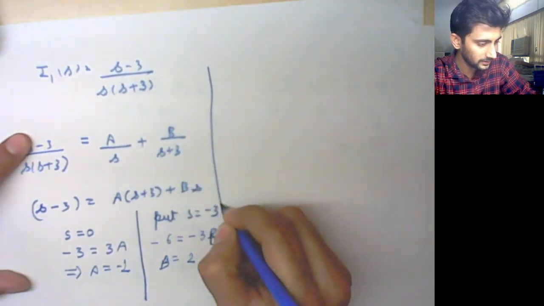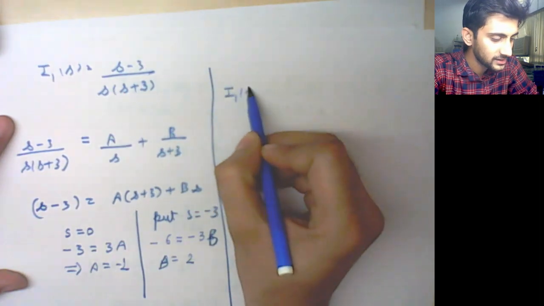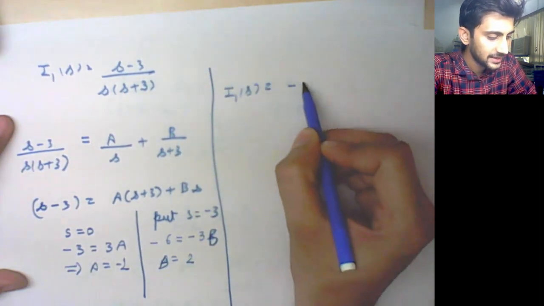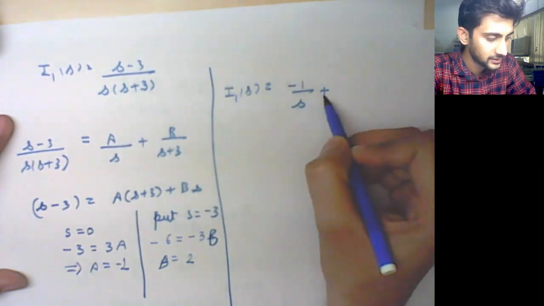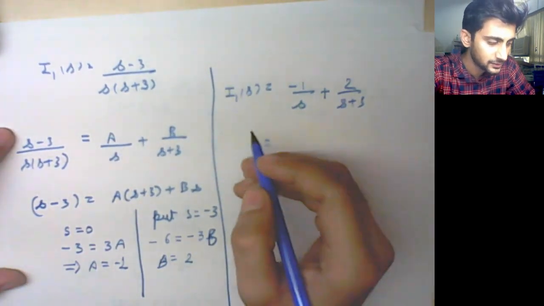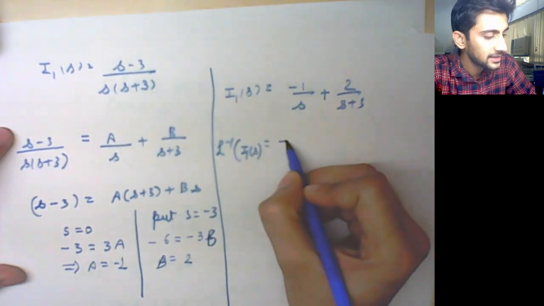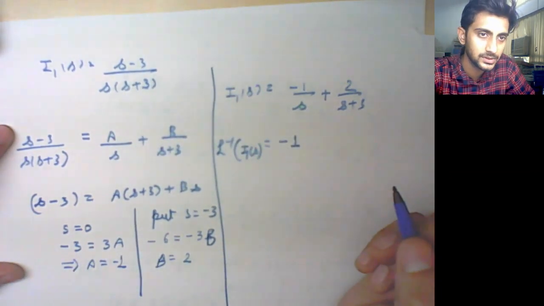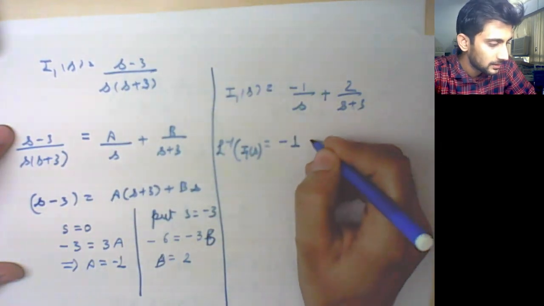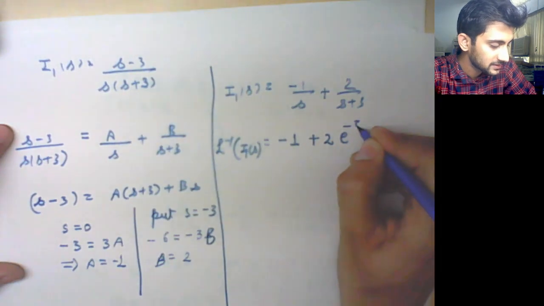And when you solve it further, you will get that I1(S) is equal to minus 1 upon S plus 2 upon S plus 3. So taking the Laplace inverse of I1(S), you would get minus the Laplace inverse of 1 by S, which is 1, plus twice the Laplace inverse of 1 upon S plus 3, which is e to the power minus 3t.